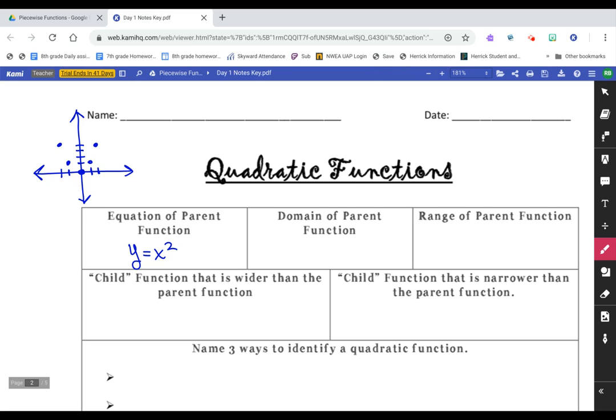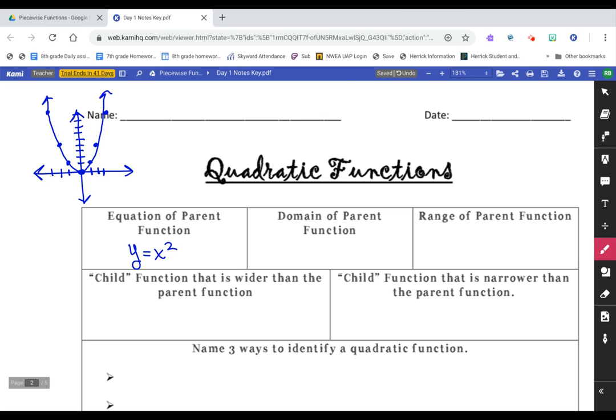So you make this symmetrical graph that turns into a U, because when you get to 3 and you square that, you end up going pretty high. You go to 9. So it's about right here. And then negative 3 would also be squared to give you 9. So you have to make sure this does not look like a V. It looks like a parabola, a U shape.